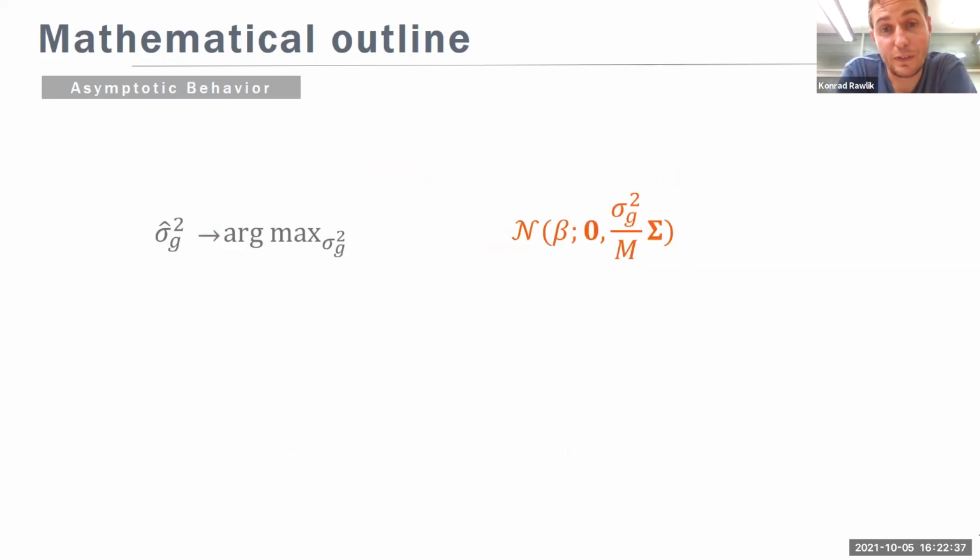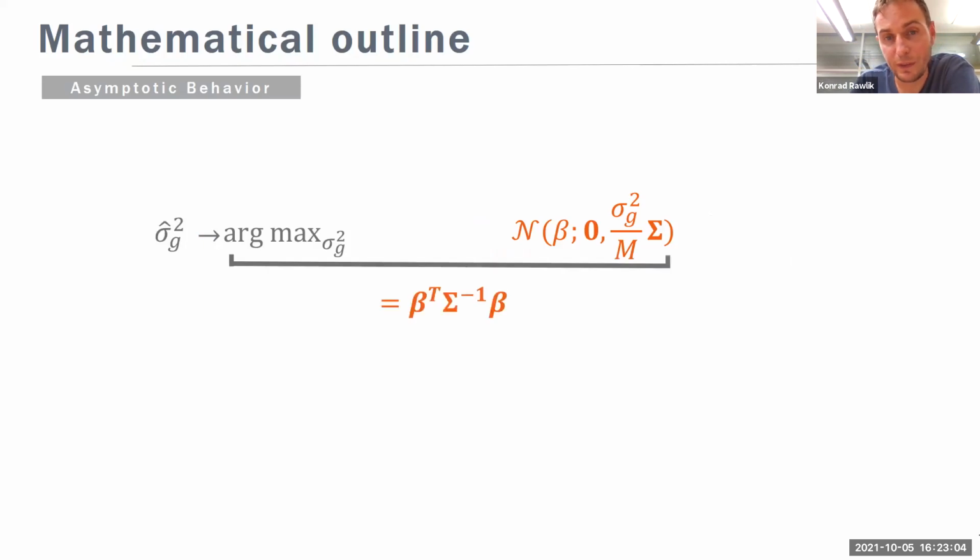Now we have this expression, which is just a Gaussian. It only depends on one parameter, sigma g. The dependence on sigma e has dropped out in the limit, which is nice. If you write this expression out, the minimization is quite straightforward. It's just the mode of a chi-square distribution, and it is given by this.